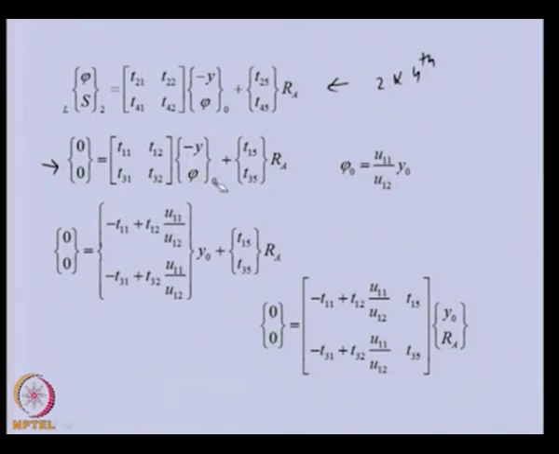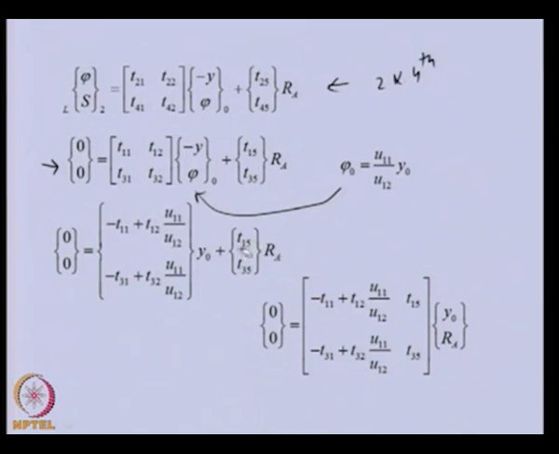Once I put phi naught here and multiply with this matrix, phi naught will come here, then y naught will be common, and I multiply the remaining terms. That multiplication gives me this, with y naught common, and this term.